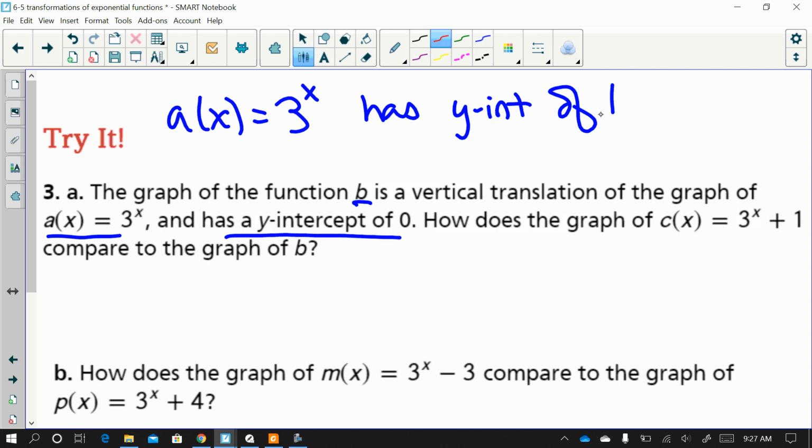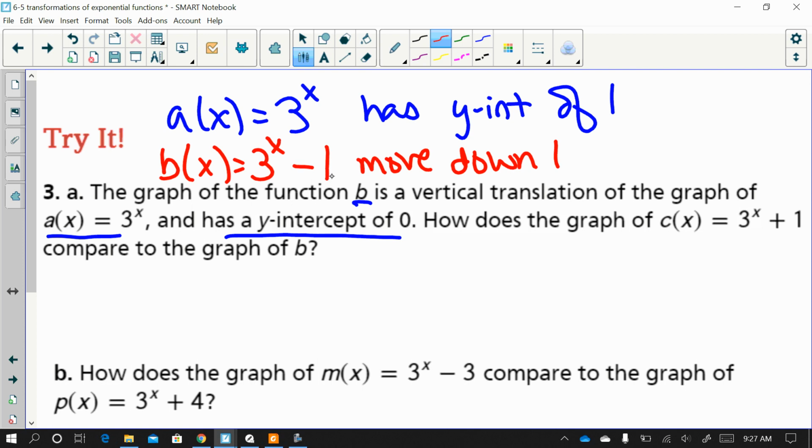So how do I get from 1 to 0? Oh, we just moved down 1. So for b of x, we want to move down 1. How can I make it move down? Well, I take my base function, 3 to the x, and I move down, that means it's just minus 1.